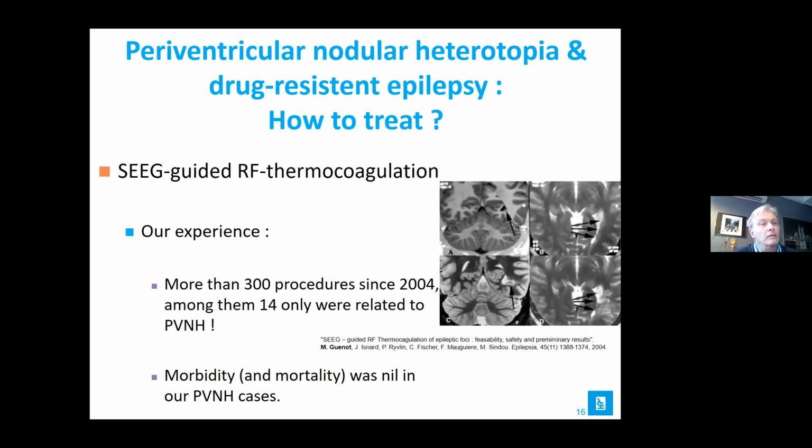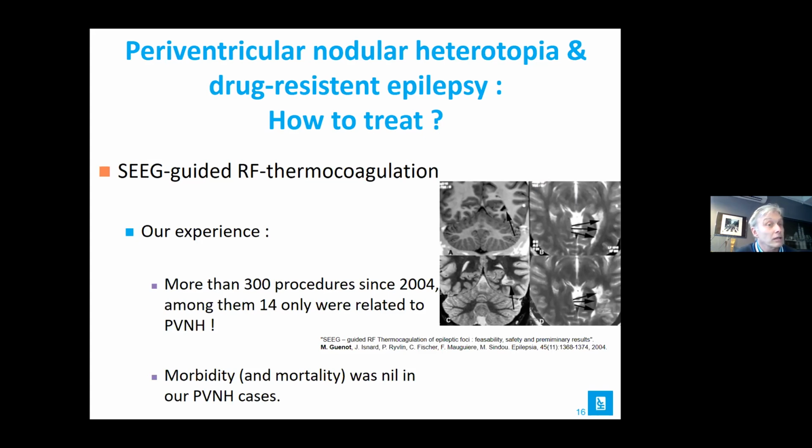So what about our experience in this technique as related to heterotopia? As you know, we did conceive and promote this technique in 2004 in our center, so that we have a global number of more than 300 procedures now. And I recently counted for this presentation, finally, in our center at least, and we are a tertiary reference center, only 14 of them were strictly related to heterotopia.